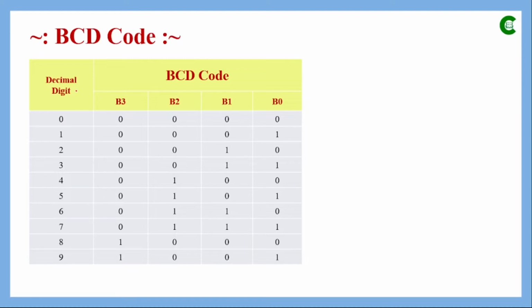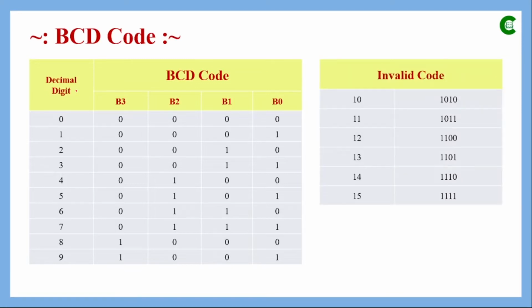We know that using 4 bits in binary number system, we can represent maximum 16 values, 0 to 15. But here we are representing only 10, 0 to 9. That means the rest 6 numbers, from 10 to 15, are invalid codes in BCD.